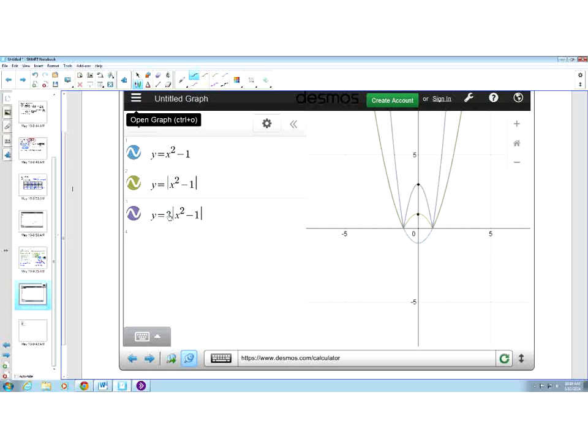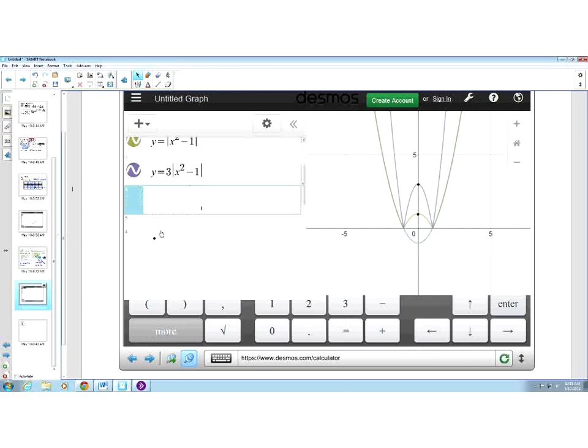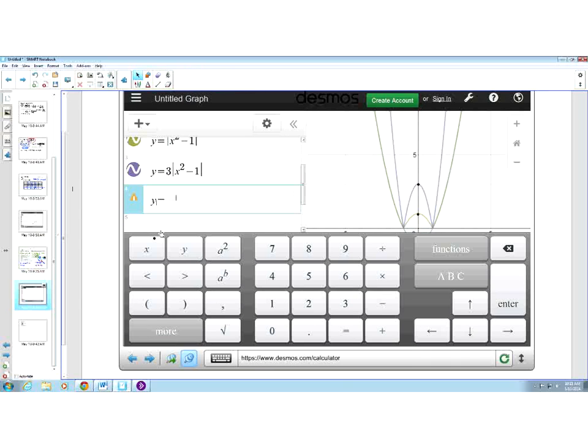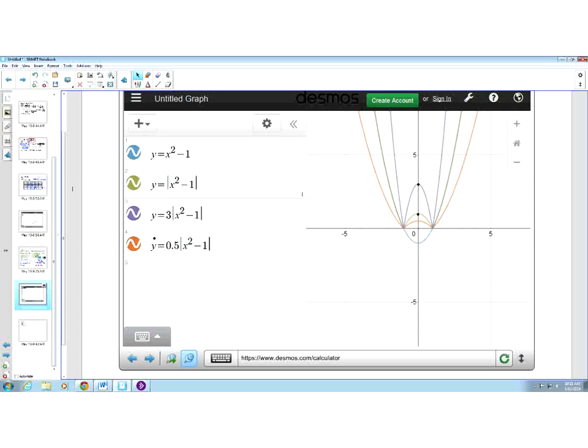What would happen if we were to change the 3 and made it a smaller number? Well, we would anticipate that the ensuing branches would be to the left of the green branches, right? So let's try that as our next graph. So y is equal to 0.5 times the absolute value of x squared minus 1. And as we anticipate, the branches flared out.